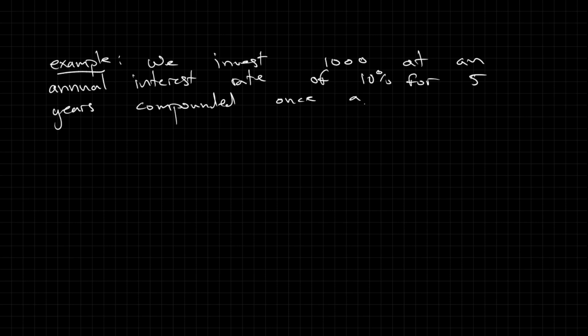And actually, I think I'll do a few different types of examples. First, when it's compounded once a year, and let's do two, once where it's compounded once a month.